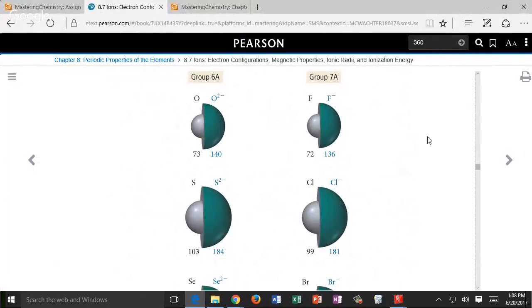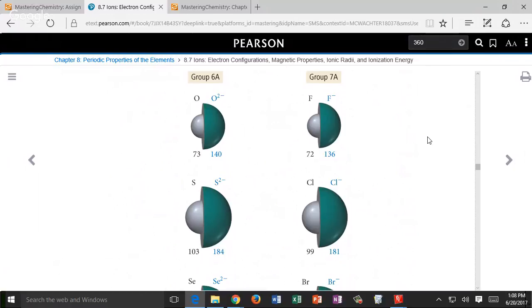Take a look between oxygen and fluorine. Okay, same shell, but the 2 minus oxygen is going to be a bit bigger than the 1 minus fluorine. The 2 minus sulfur is going to be a bit bigger than the 1 minus fluorine. And the important part of this is all of those are much bigger than their neutral counterparts.